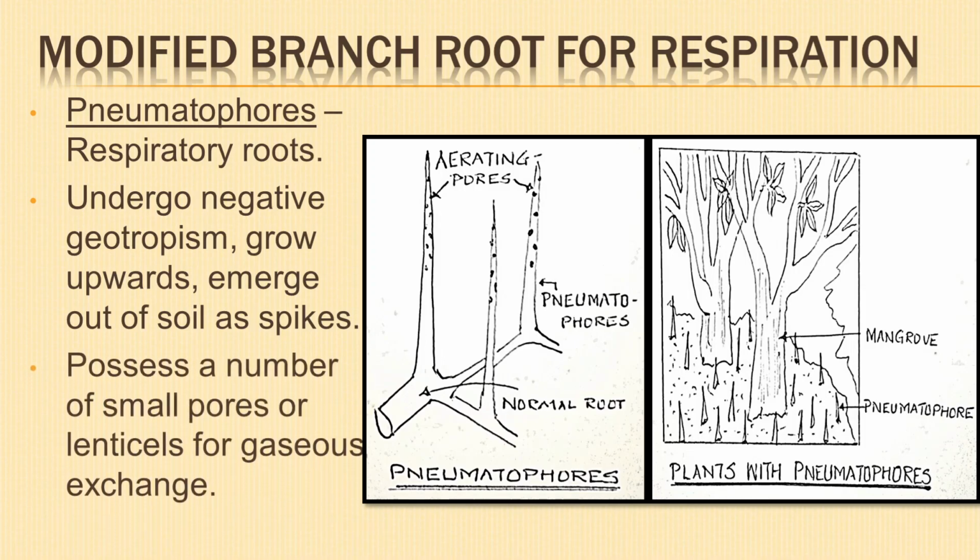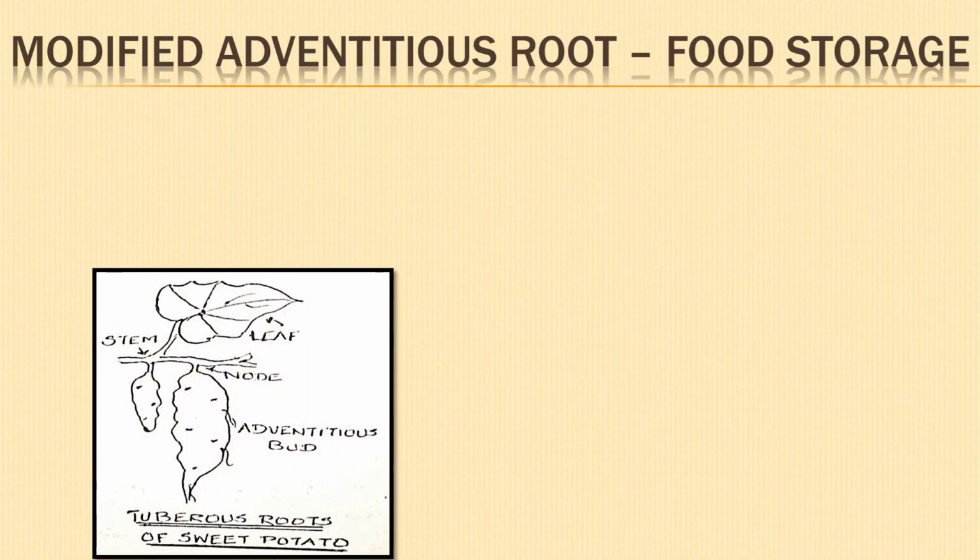Each such root has a number of small pores or openings called lenticels. The pores are meant for gaseous exchange. This is required since the muddy marshy substratum does not contain much air. Example, rhizophora.